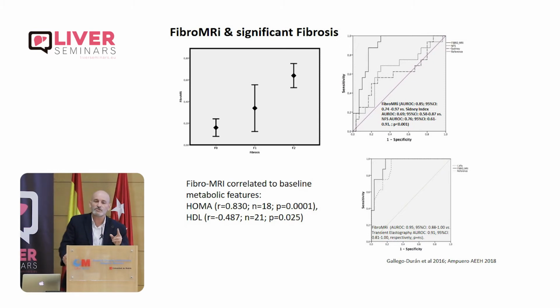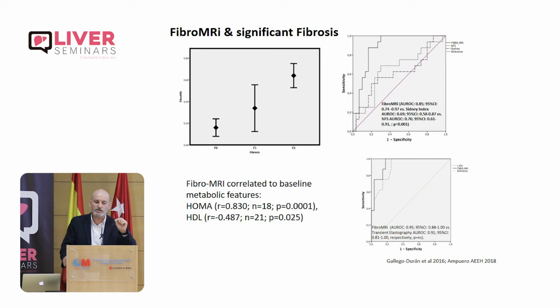Fibro-MRI shows two very interesting features from my point of view. The first, you can see a correlation with the fibrosis stage, F0, F1, F2 or more, and fibro-MRI is increasing. So the diagnostic accuracy is around 0.85, but we also sent to the Spanish liver meeting and the European liver meeting how fibro-MRI correlates with metabolic features.